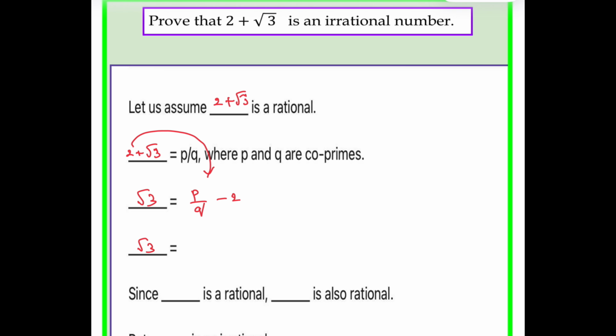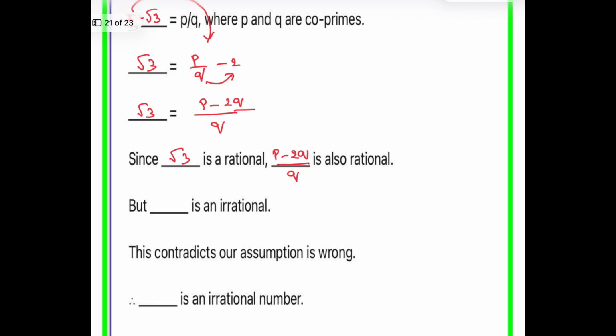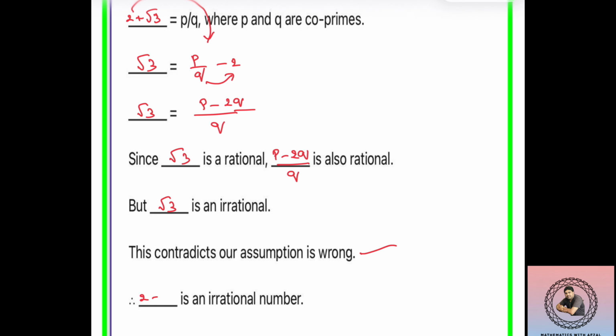Then root 3 equal to, if you take the LCM, the denominator q as it is, then p minus 2 into q by q. Since root 3 is rational, p minus 2q divided by q is also rational. But root 3 is irrational. This contradicts, so our assumption is wrong. Therefore, 2 plus root 3 is an irrational number.